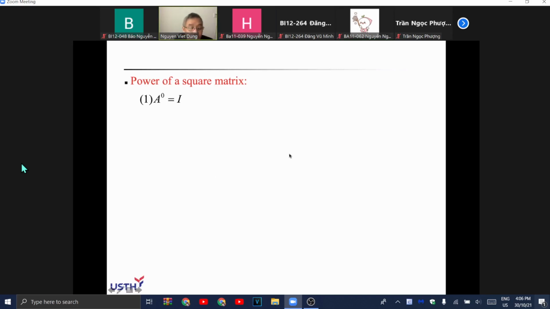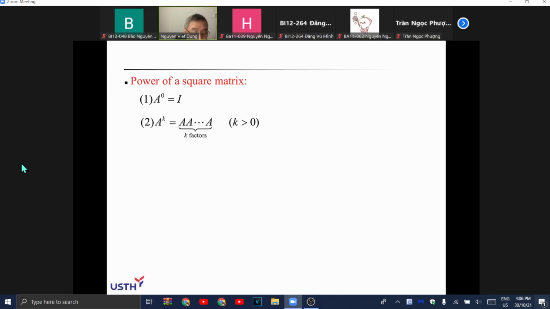Now we continue to define the power of a square matrix. Suppose that A is a square matrix. We define A to the power 0 as the identity, a matrix of the same size.